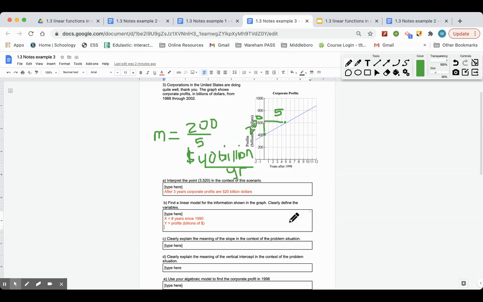All right, so now we can model this situation because we have our y-intercept, which was (0, 400). So y equals mx plus b.